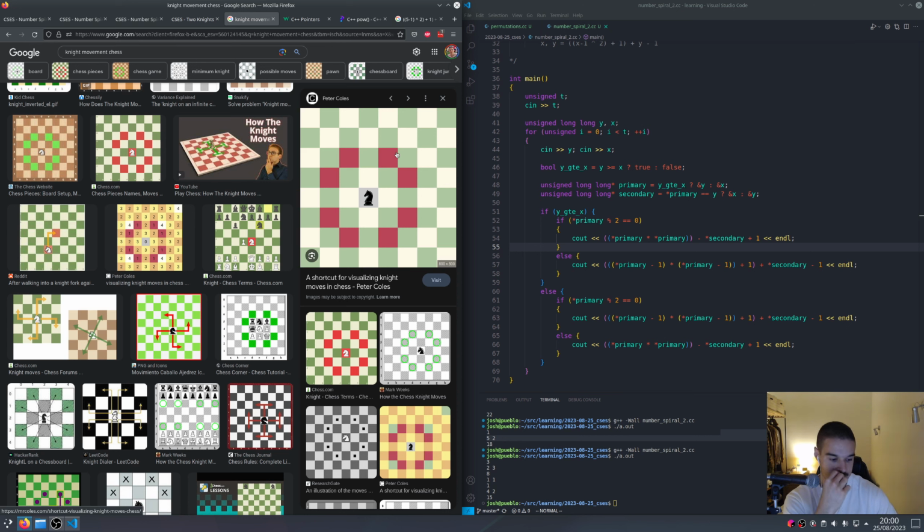So for every position the knight can have, we take the size of the chessboard minus the number of valid moves the knight has.